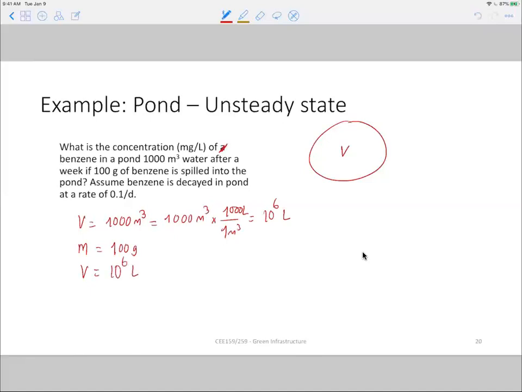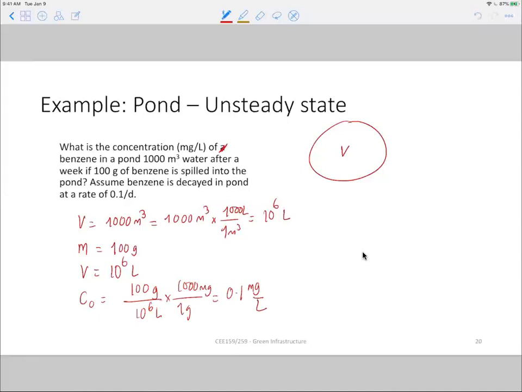If you calculate the initial concentration, at time t equal to 0, that would be the mass of contaminant over volume. If you change that to milligram, 1 gram is 1000 milligram, so that becomes 0.1 milligram per liter.